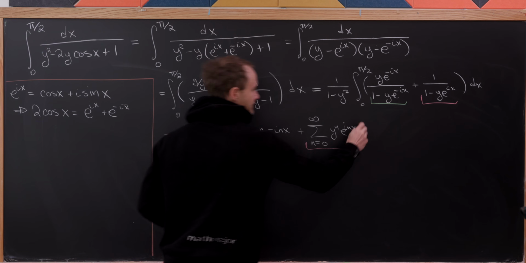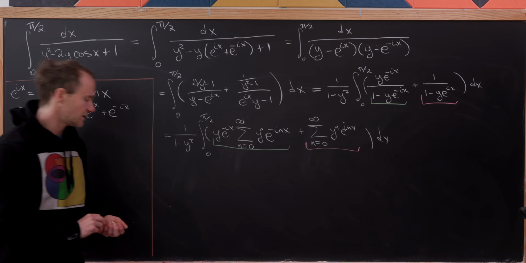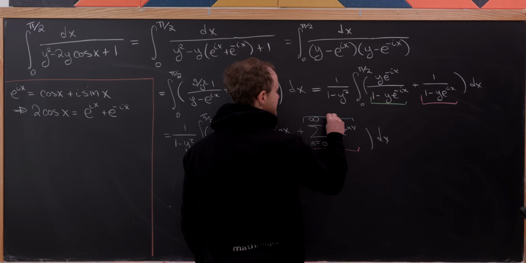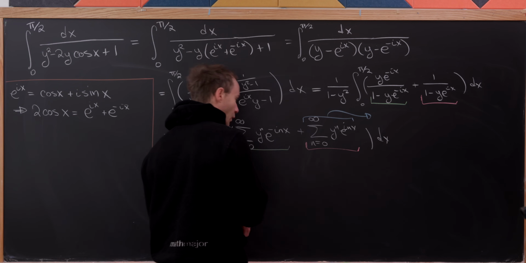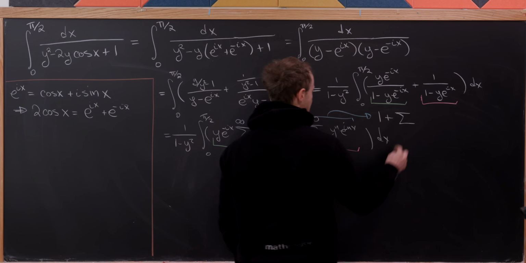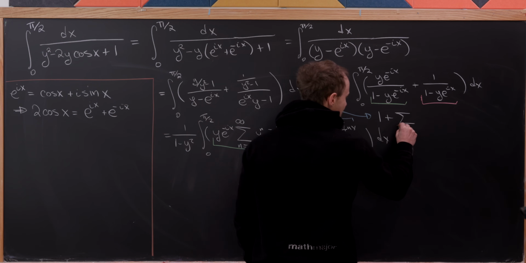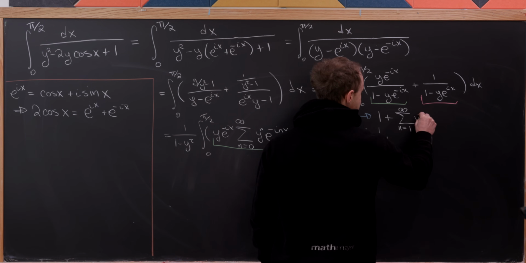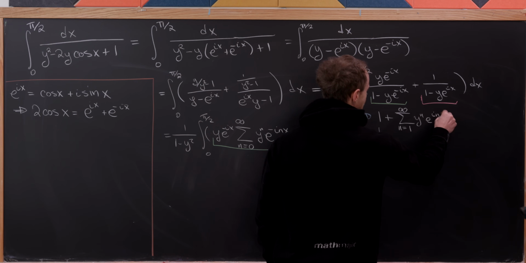Now we have this dx. But now let's look carefully at this second term and observe that we can bring the number 1 out. So the number 1 is the first term, and then we'll have plus the sum as n goes from 1 up to infinity of y to the n e to the inx.